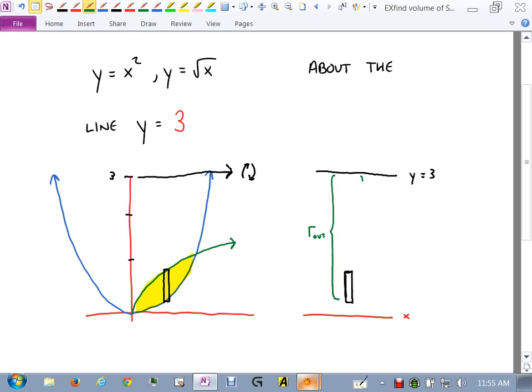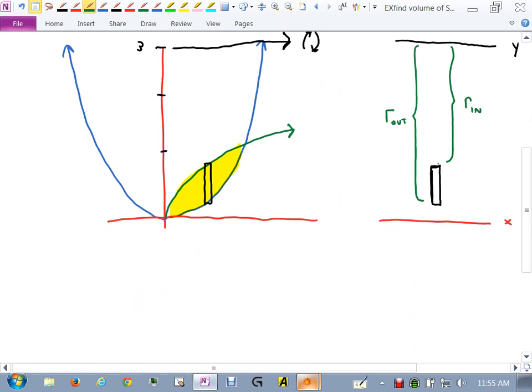My R in is this distance. You see it? Any questions? I also want to put my little curvy pieces in there, so I'll zoom in. My little curved pieces, this was the square root, and this was the x squared down here, right?